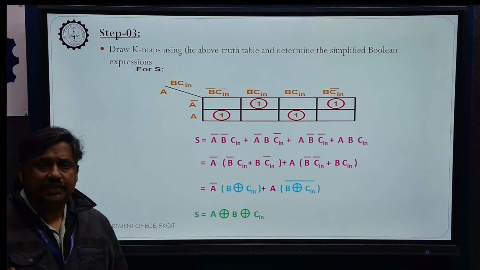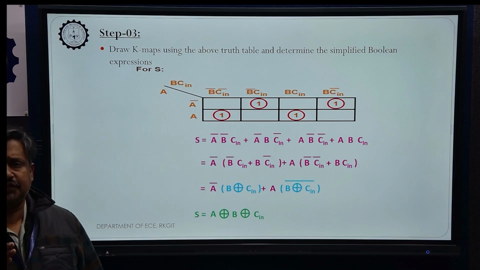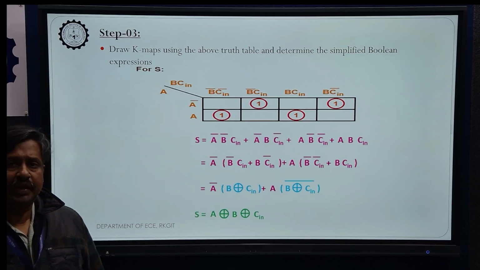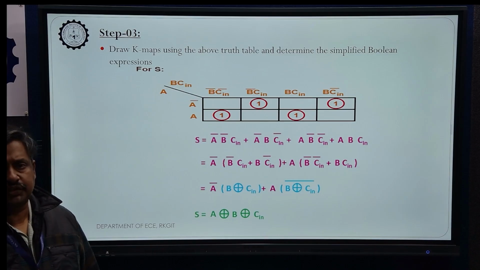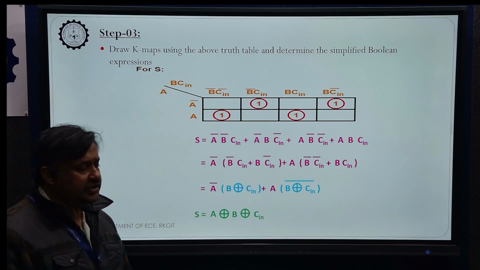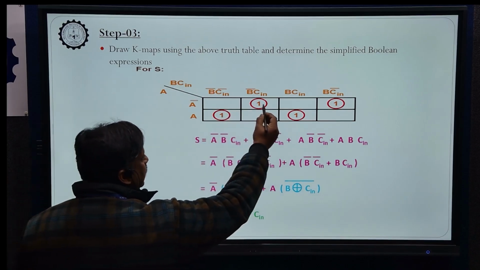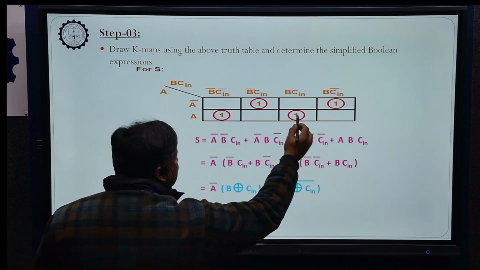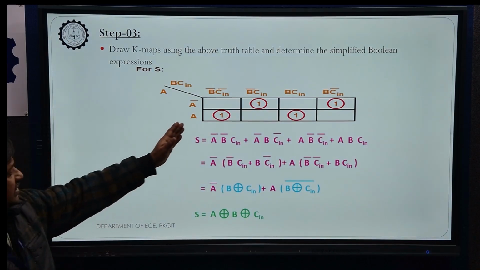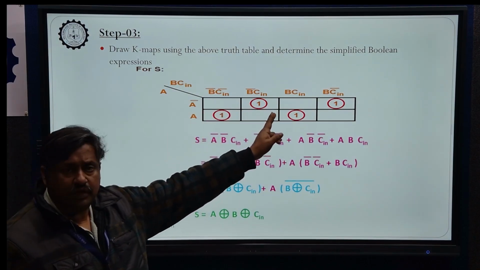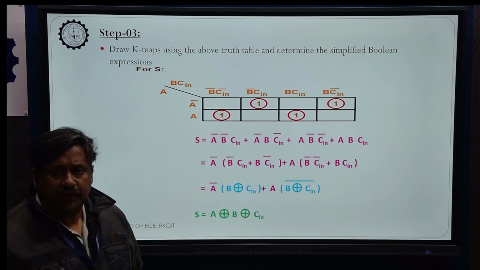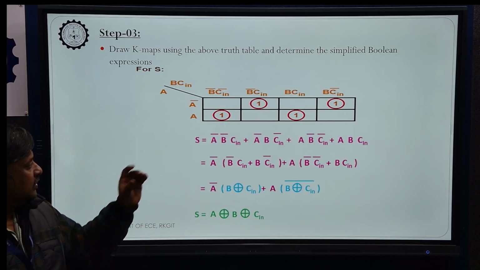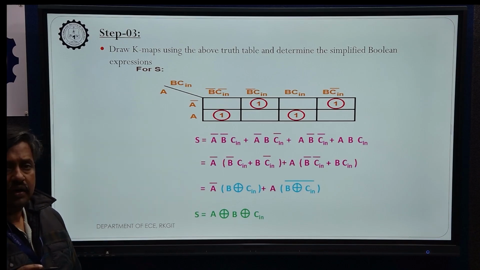It is a 3-variable K-map because we have 3 inputs, so 2 power 3, 8 cells will be there. The minterm entries are M0, M1, M2, M3, M4, M5, M6 and M7. These are the minterm entries for sum. Here also there is no scope for grouping the minterms, so all minterms are individual.